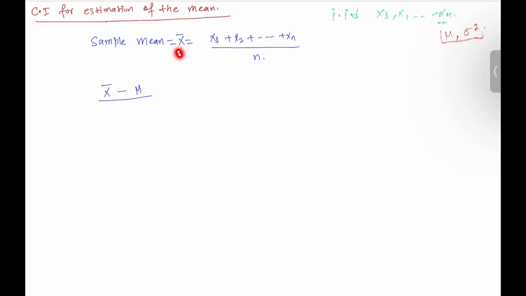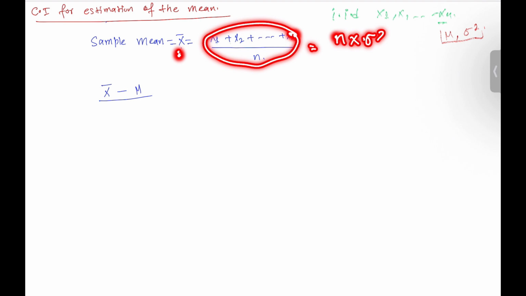What will be the standard deviation of x bar? Let's first try to calculate the variance, then we will take the square root and we will have the standard deviation. So all these are independent and identical, so the variance would be n times the variance of x1, that is sigma square, right?